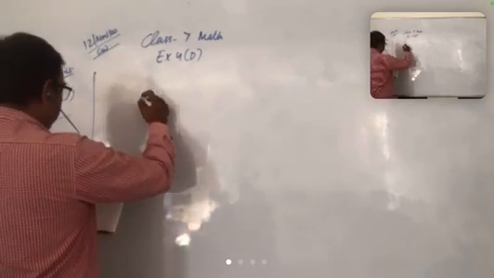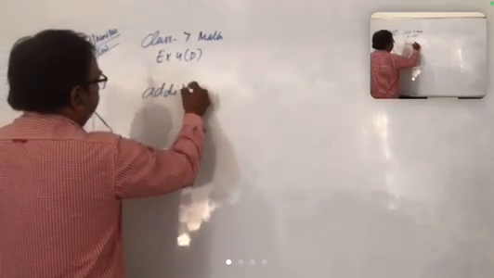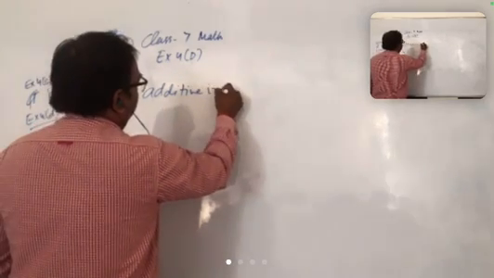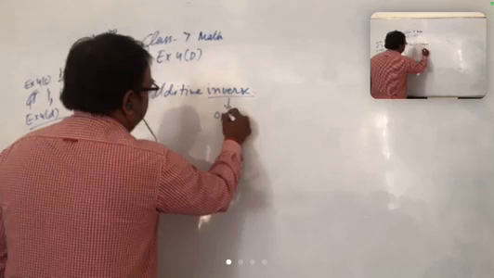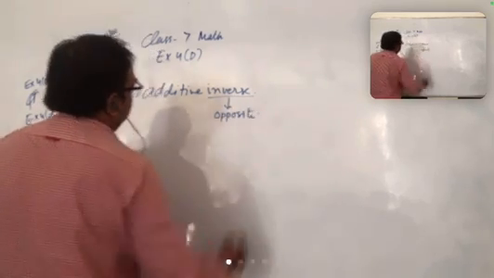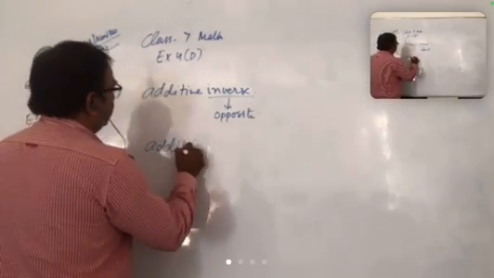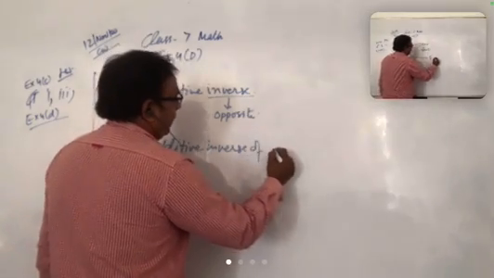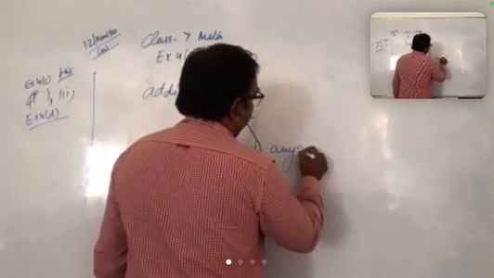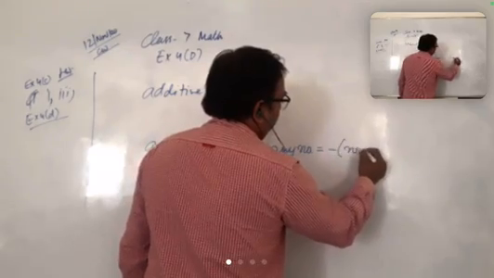The first thing is additive inverse. Inverse means opposite. The additive inverse of any number is minus the number.